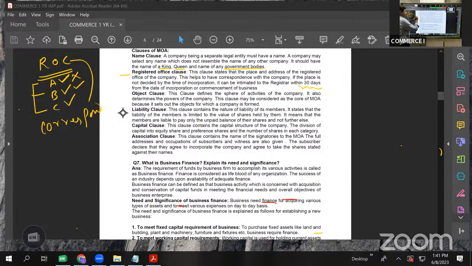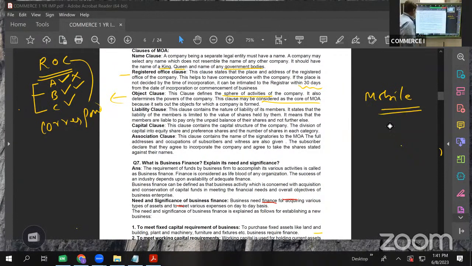Next is object clause. Very, very important. The clause defines the sphere of activities of the company, and this may be considered as the core of MOA. The very basic, the very foundation of why the business is started is mentioned in object clause. Like suppose I want to start a company which manufactures mobiles. So in my object clause, I have to mention manufacturing of mobile, right?